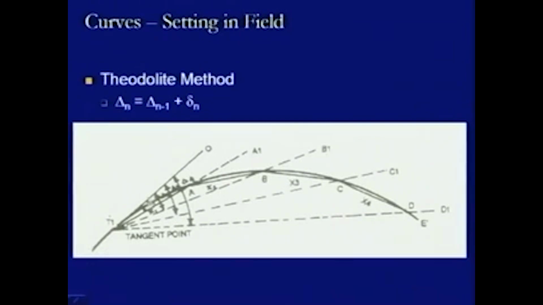So, we have this tangent which is moving in this direction, and then from this direction we are taking some deflection angle, and for the deflection angle we will try to ascertain the point at which the curve location will be. This deflection angle will be computed previously, and once it is computed, first of all we will set it for that deflection angle, that is here it is being set like this small value. So, at this one we will be having a value of x1.